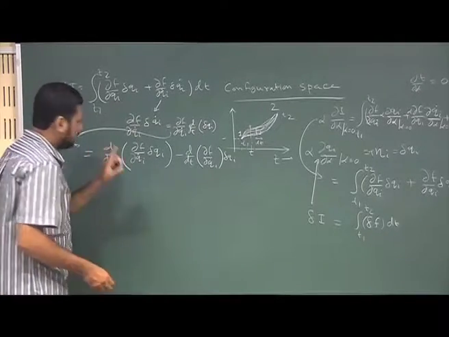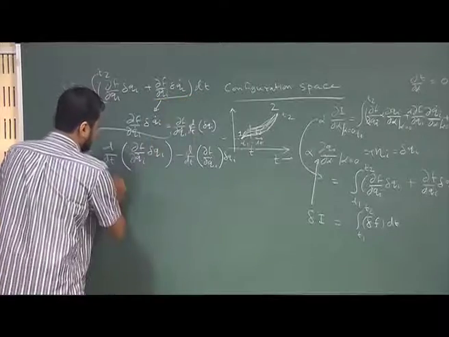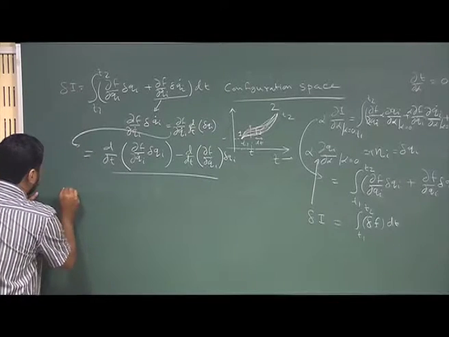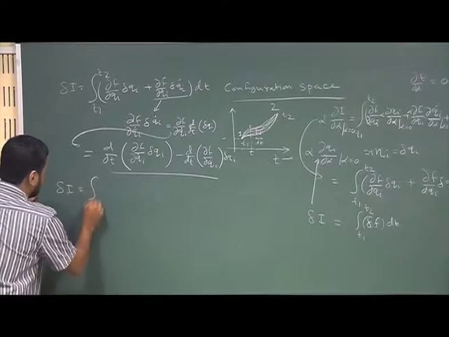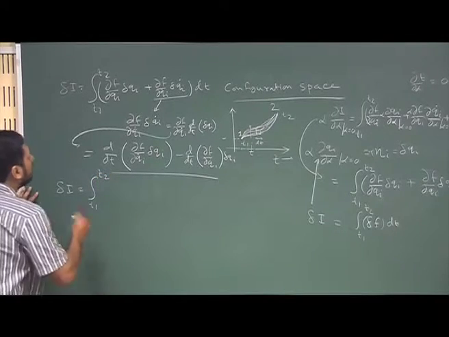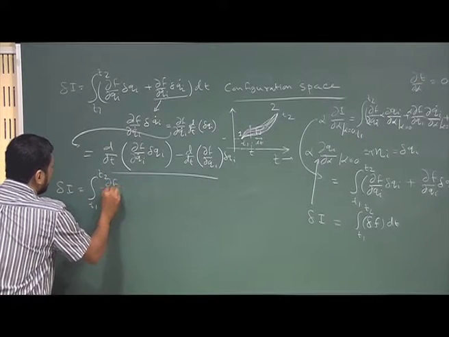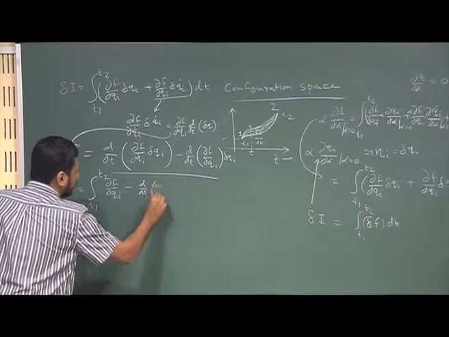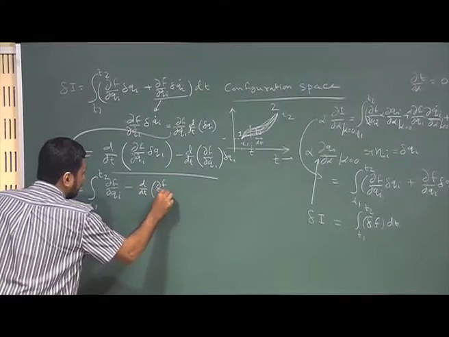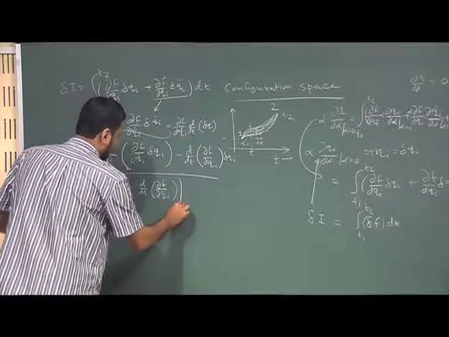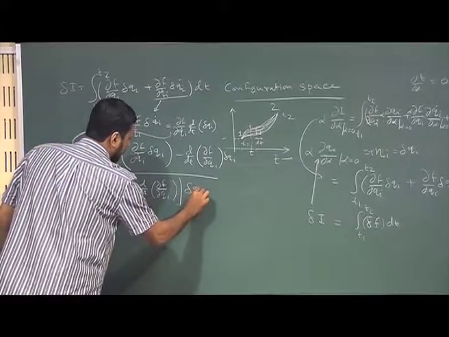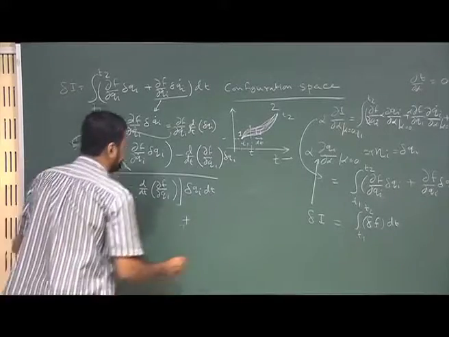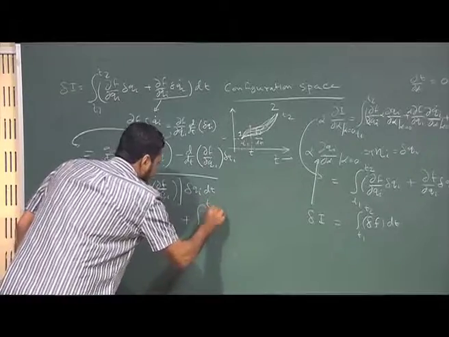This we can do, and if in place of this one I substitute this into the integration, what I get is delta I equal to the integral from T1 to T2 of del f del qi minus d/dt of del f del qi dot, whole, times delta qi dt, plus there is an additional term, the integral from T1 to T2 of d/dt of del f del qi dot delta qi, multiplied by dt, right, fine.